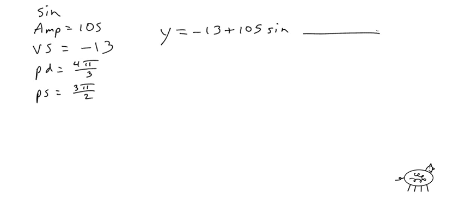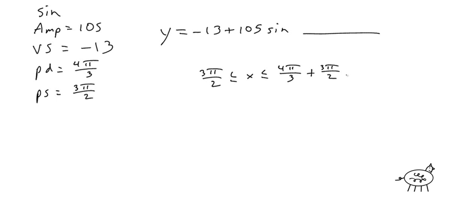So let's start out. Phase shift is 3 pi over 2. That goes on the left hand side, less than or equal to x, less than or equal to. Now, I'm going to show you a little trick here, because I know what's going to happen is we've got to add 4 pi over 3 to 3 pi over 2. But watch this. If I do 4 pi over 3, and do you guys agree I just add the phase shift? So it's plus 3 pi over 2.